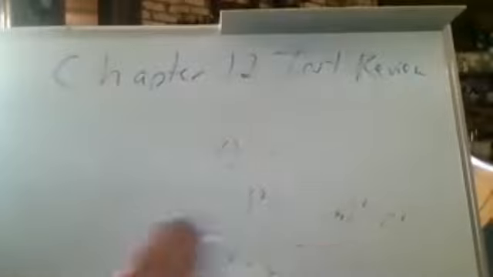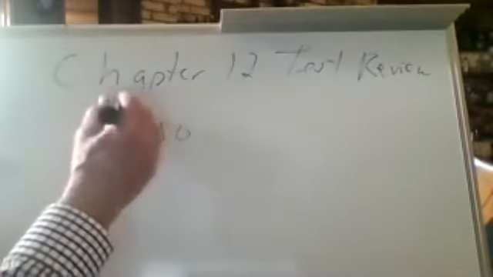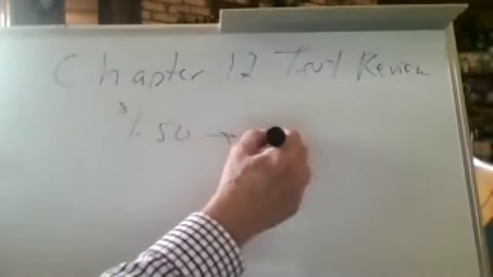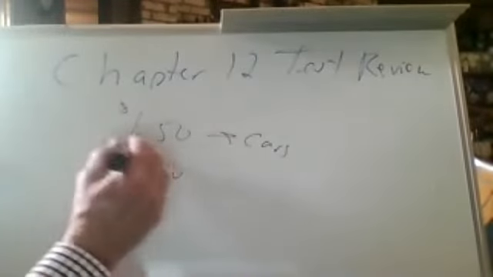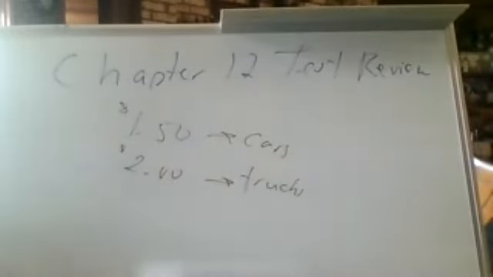All right, now we have a word problem. So some guy sells tickets for a car wash to raise money. The tickets cost $1.50 each for cars, and they cost $2 each for trucks. Okay, cheap car wash.